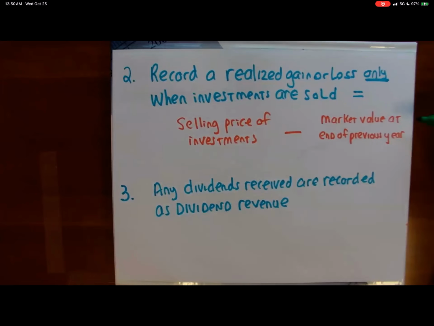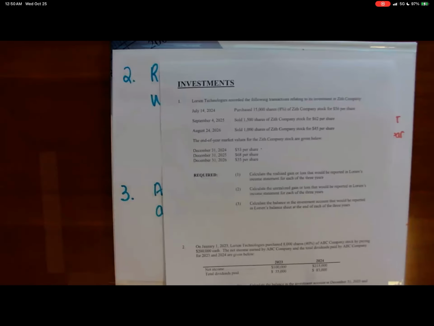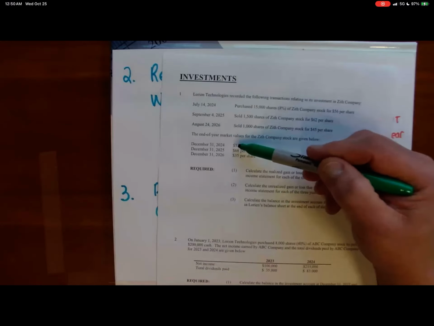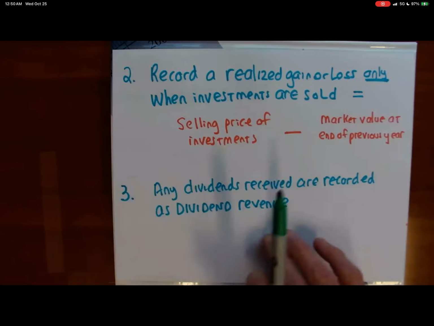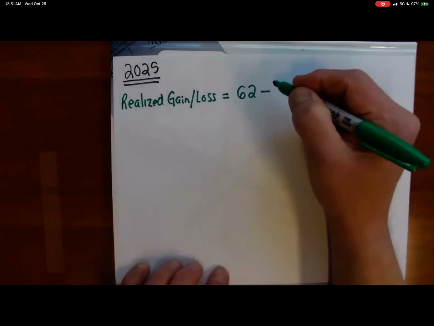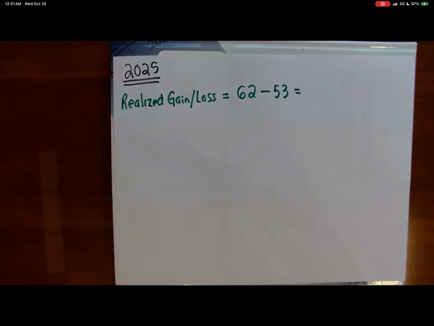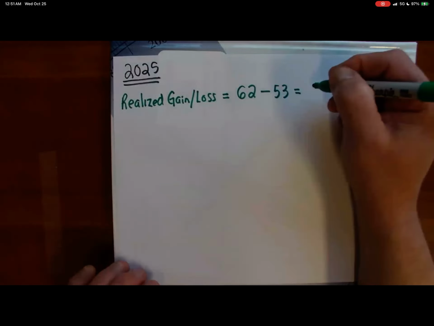We will subtract the market value at the end of the previous year. So we're in 2025, so the market value at the end of 2024 is $53 a share. So 62 minus 53. Matthew, that's a difference of $9.